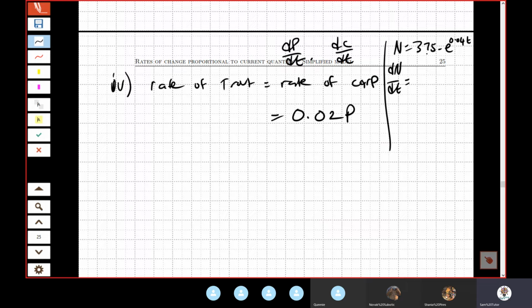What would happen to 375? If I came up to you and said differentiate 375 with respect to time, is there even a t there? Nope. So what should this become?